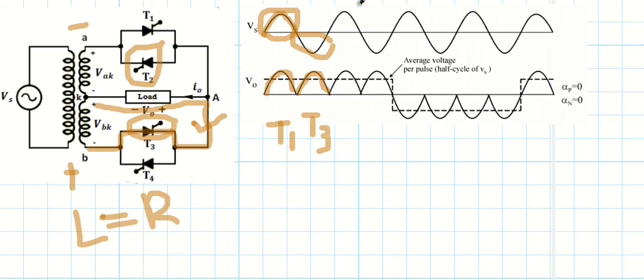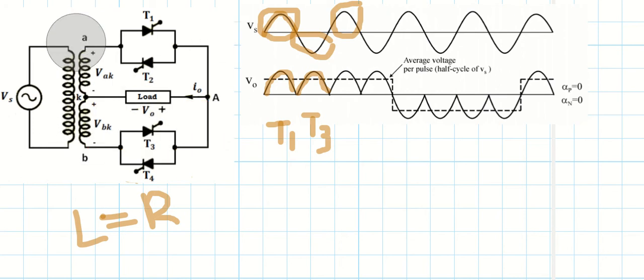Now again, what we have? We have positive pulse of the input. So A is at positive, B is at negative, and what we want? We want positive pulse at the output. So at which thyristor we will apply the gate pulse?